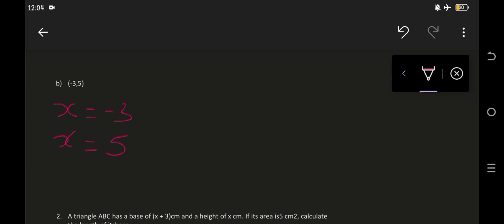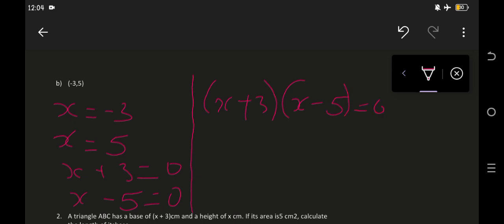Negative 3 is going to cross over to become positive 3, and 5 is going to cross over to become negative 5, so that we have x plus 3 is equal to 0 and x minus 5 is equal to 0. Now let us multiply the two, so that we have x plus 3 by x minus 5 is equal to 0.